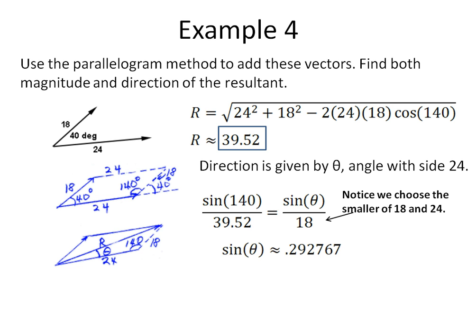So the sine of theta is approximately equal to 0.292767. So we use the calculator to use the inverse sine function, which tells us that theta is equal to approximately 17.02 degrees.